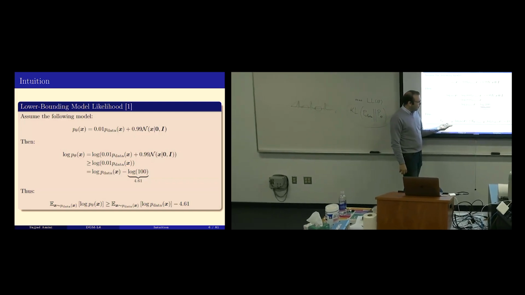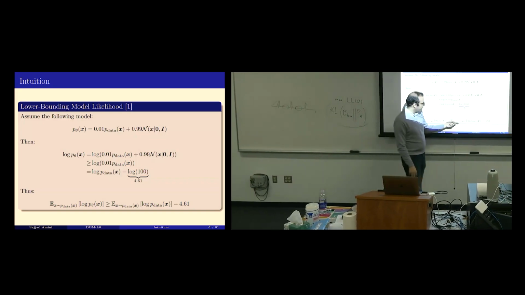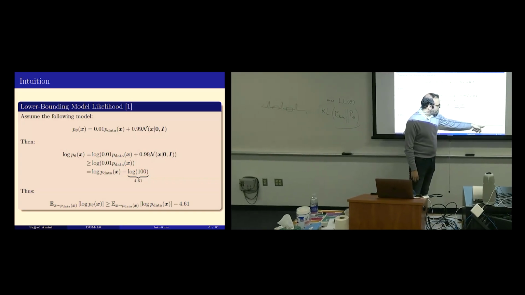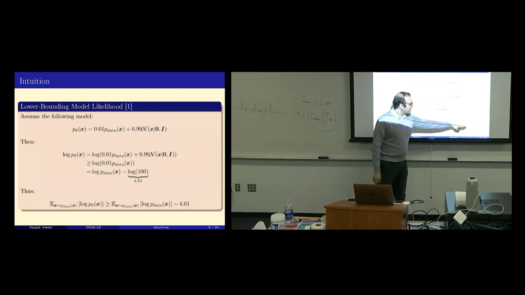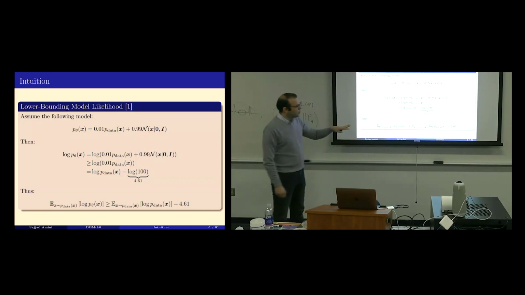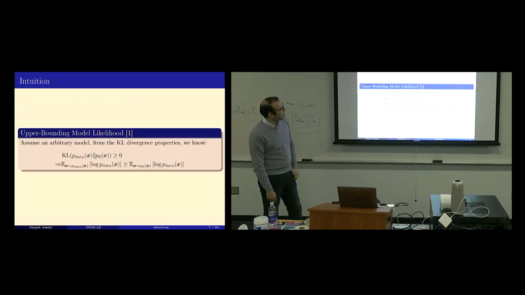So a lower bound to the log likelihood loss is the expectation of the log of the data likelihood minus a very small number. It is not very easy to understand why this is small. This is a number maybe comparable to this term. So we find a lower bound to our loss function that we used previously.